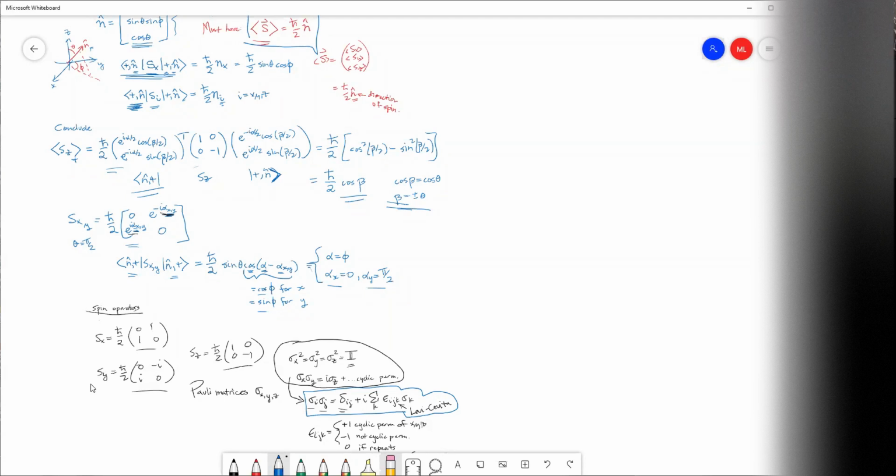I guess another way of writing this thing, which is common in literature, is you can put the little Pauli matrices in a vector like this if you wanted. And then you can have an arbitrary vector now of numbers, A1, A2, A3, if you wanted.